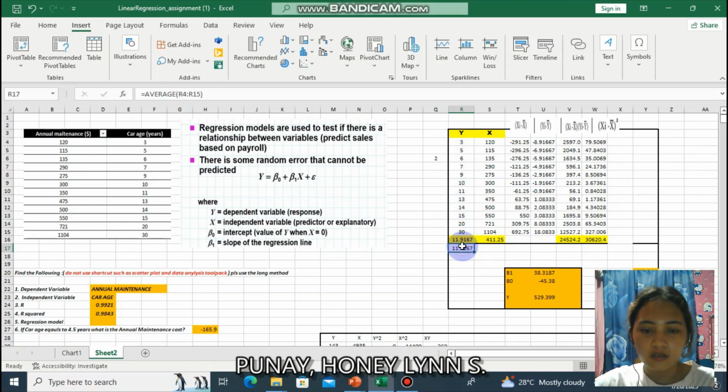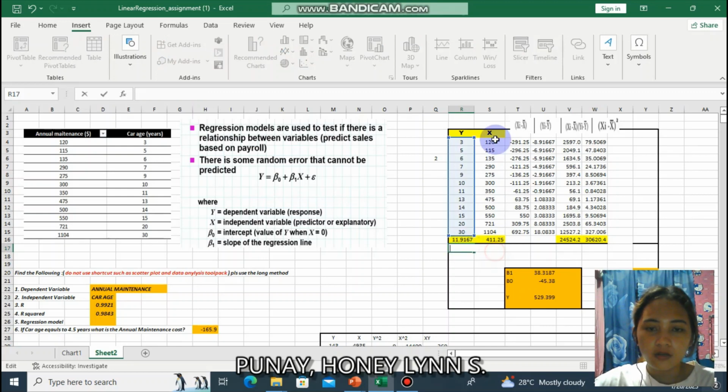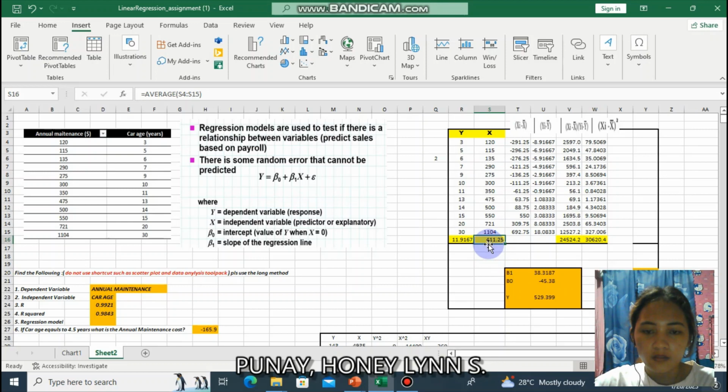Also in x, to get this value, I just use the formula equals average, then drag all the values of x, then click enter to get this value, which is 411.25.